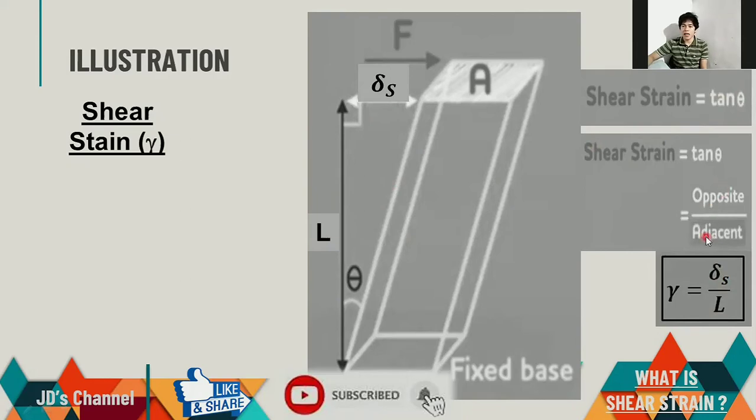And then, ang opposite at adjacent side is ito: yung ating delta S and then yung ating original length. So, that is the formula. That's why we have this formula for gamma or for shear strain na delta S over ng original length.